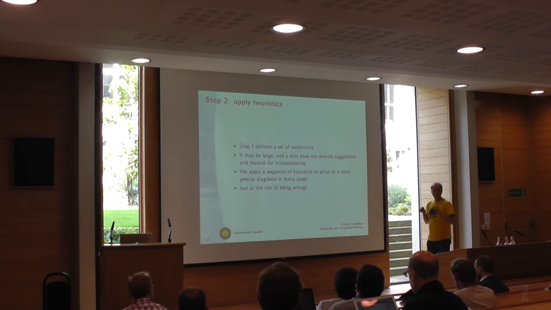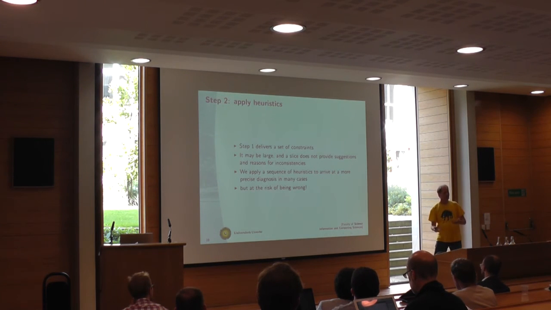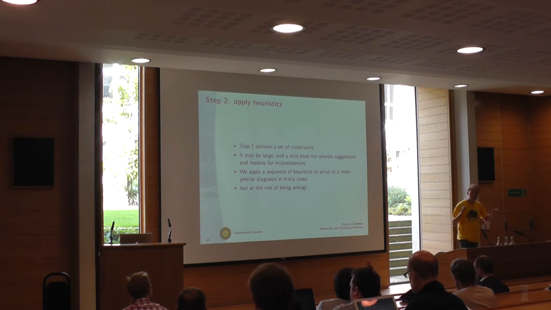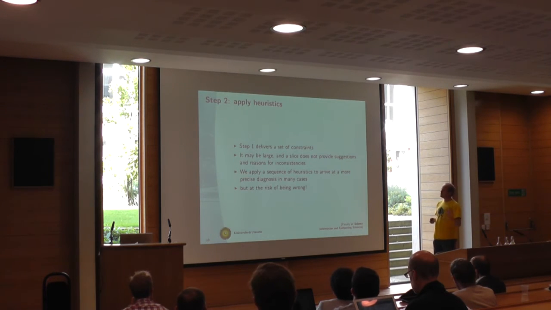Once you try to be more precise, you give a hint saying, well, maybe this is what you did. It's possible that you are wrong. You can always find cases where you are wrong. The goal is to be right most of the time, at least in my opinion.